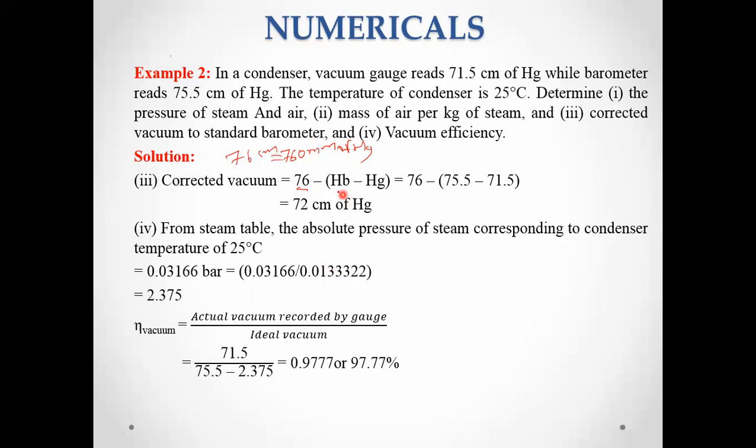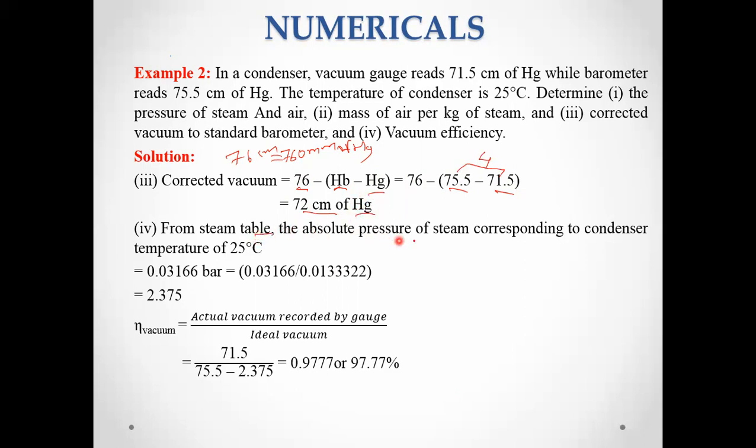Standard reading minus barometric reading minus vacuum gauge reading. So 76 minus 75.5 minus 71.5. This will be around 4. Then 76 minus 4 is how much? 72 centimeter of Hg. So again this is in terms of mercury.